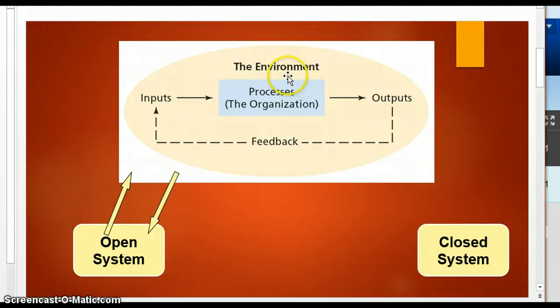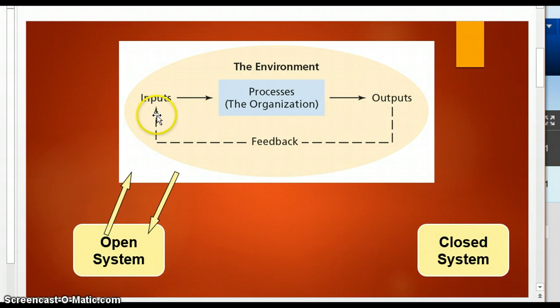We've got a system where we take inputs and process them in our organization, and that gives us outputs. Whether we're a manufacturing firm taking raw materials and processing them within our organization, and then out pops our output, which might be a car or a cheeseburger from McDonald's or clothing or some legal services, whatever it is our company is providing.